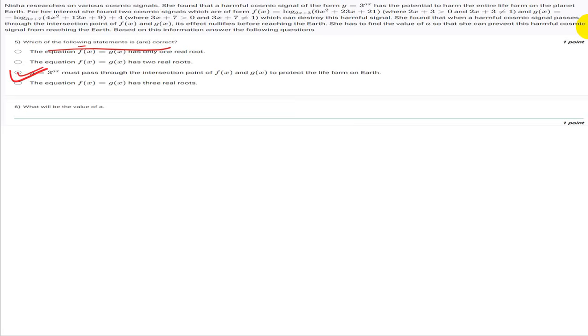Okay, this is correct. And to find the information about the roots of these two functions, we need to first put them like this, g(x), and then solve them.